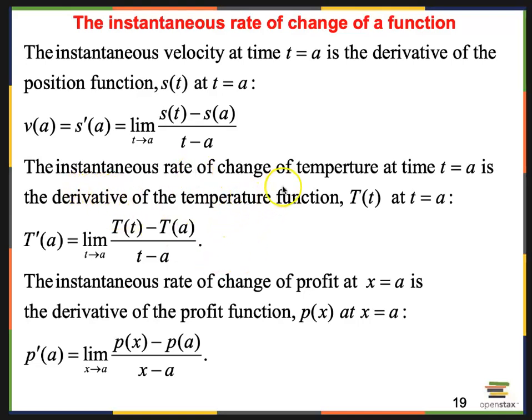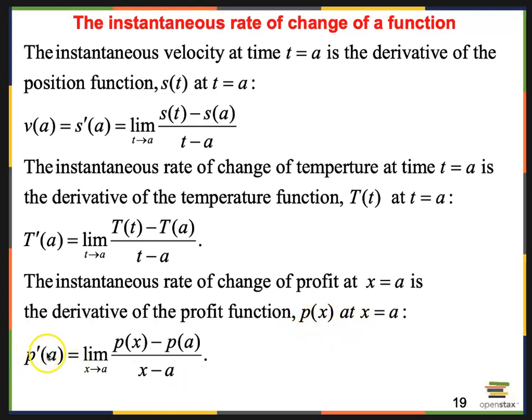The instantaneous rate of change of temperature at time t is the derivative of the temperature function, with the capital T of t. The instantaneous rate of change of profit at x equals a is the derivative of the profit function P of x at x equals a.